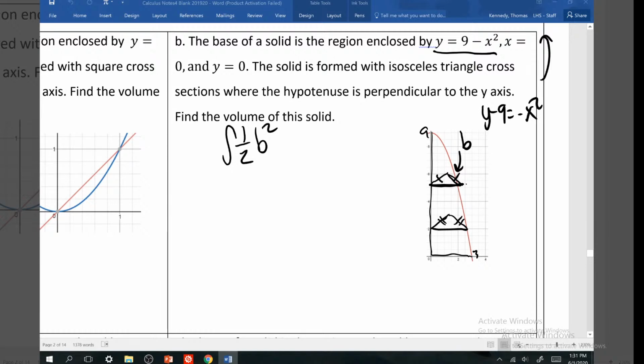I can subtract 9 from both sides, multiply by a negative: 9 minus y equals x squared. Then I can square root, and I get x equals the square root of 9 minus y. I usually have to think about plus or minus here, but because our x values are positive everywhere in this picture, I don't need the negative one, so I can just keep the positive root of 9 minus y.